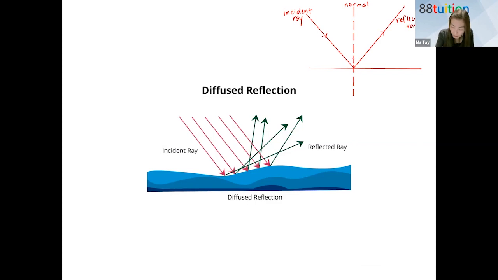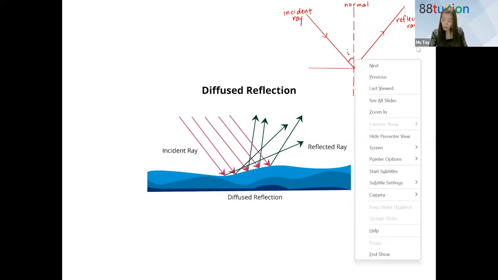This angle between the ray and the normal is called the angle of incidence. We represent it by i. This one over here is the angle of reflection.